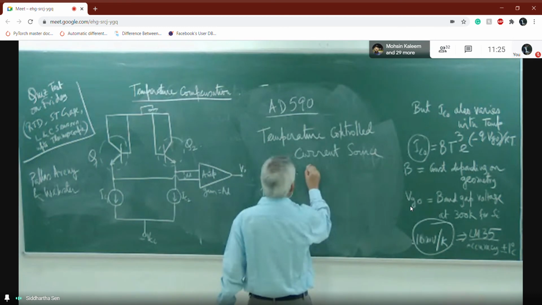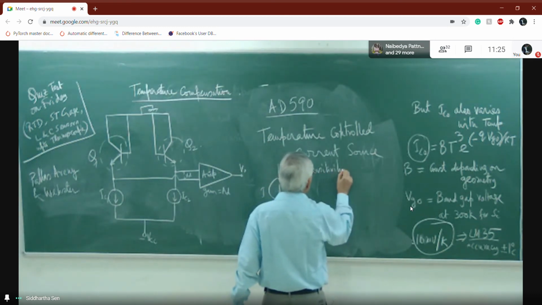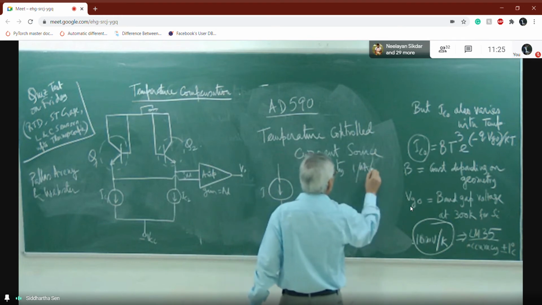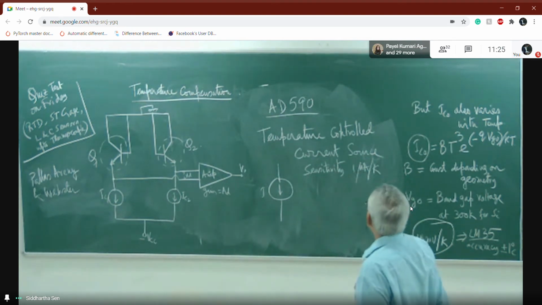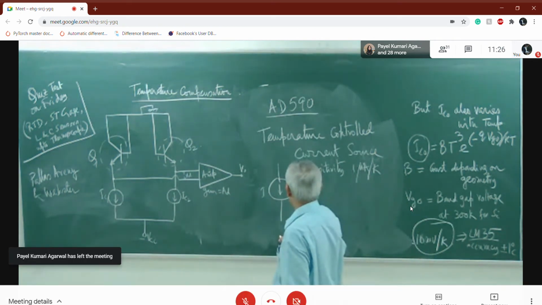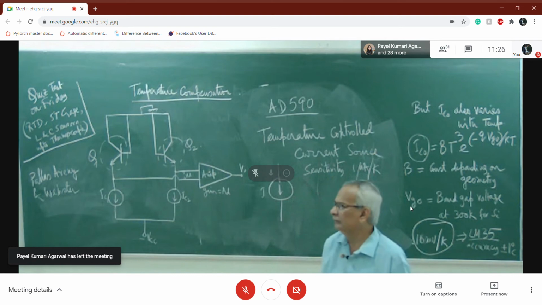And this sensitivity is 1 microampere per Kelvin. So if we just connect a 1 kilo ohm resistance in series with it, the voltage sensitivity will be 1 millivolt per Kelvin.